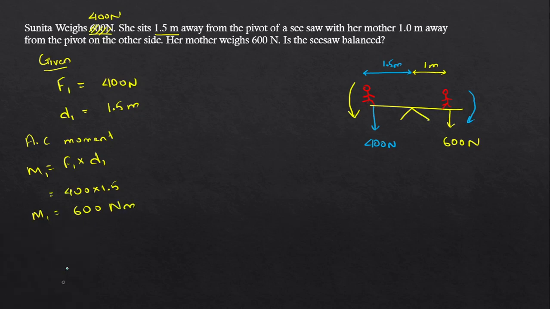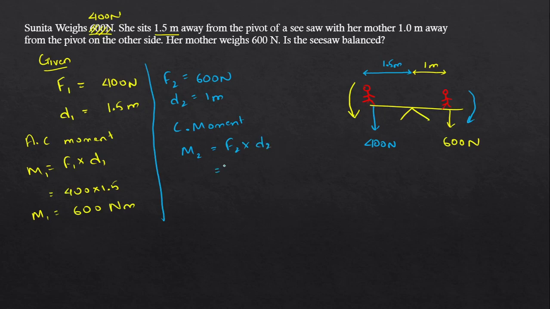Let's write down the second set of data, which is for her mother. So let's say F2 is equal to 600 newtons and D2 is 1 meter, and clockwise moment, again this formula is still given by F2 into D2.